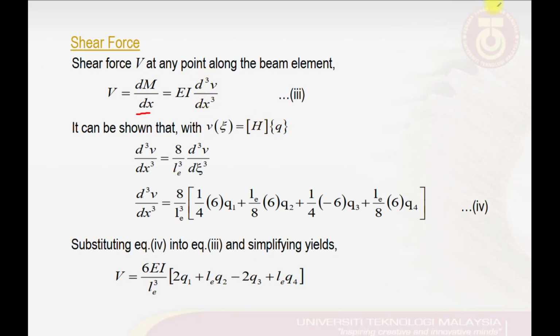Again, v is the deformation field, which is given by H multiplied by Q. Converting the third derivative of v over x from the Cartesian coordinate system into the natural coordinate system gives us these equations, which is equivalent to equation number 4, containing Q1 to Q4.